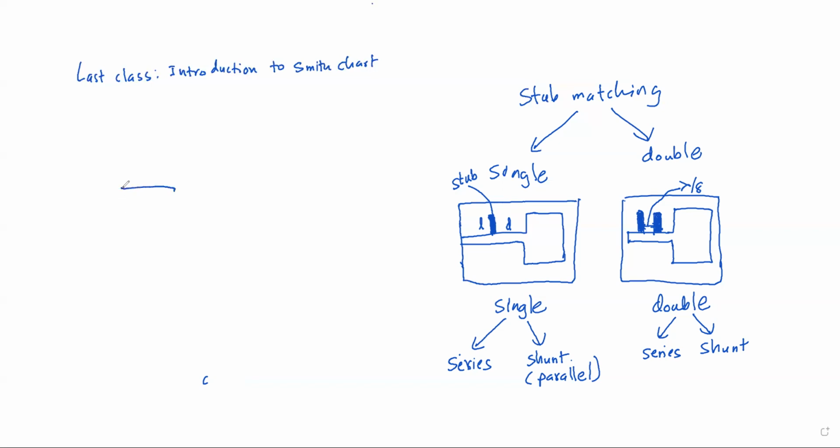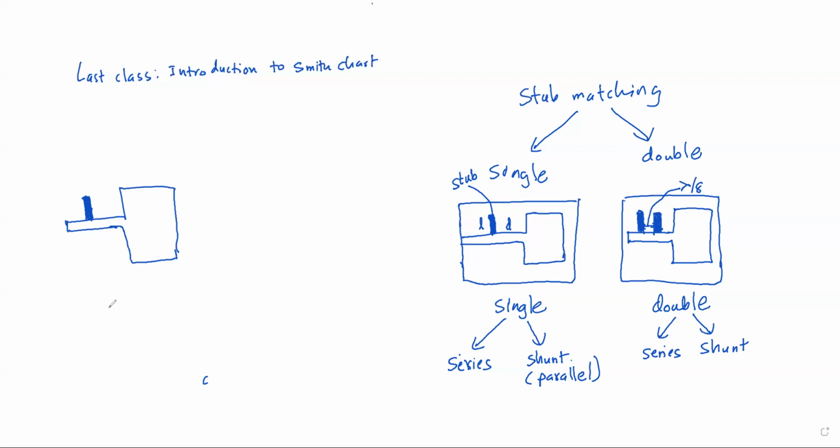I can draw this in two ways. This is parallel stub matching, where I create the stub. The top part of the stub is on the top plane, and the rest of the stub is connected to the ground plane.